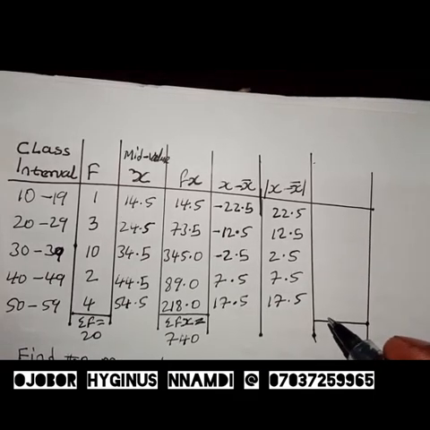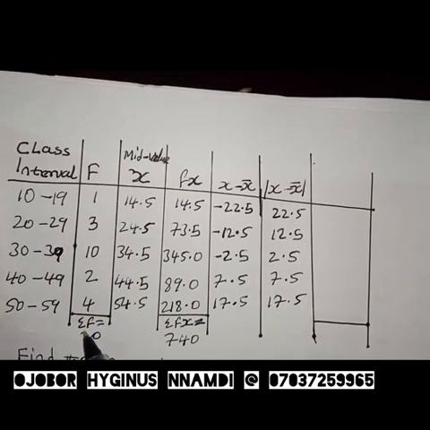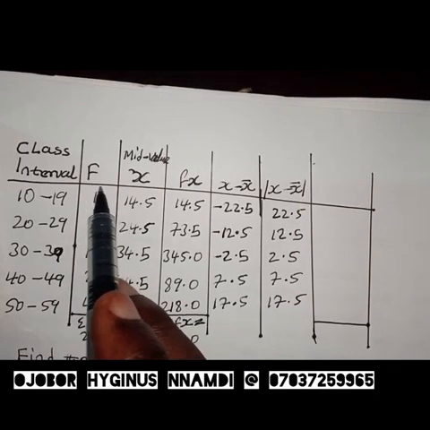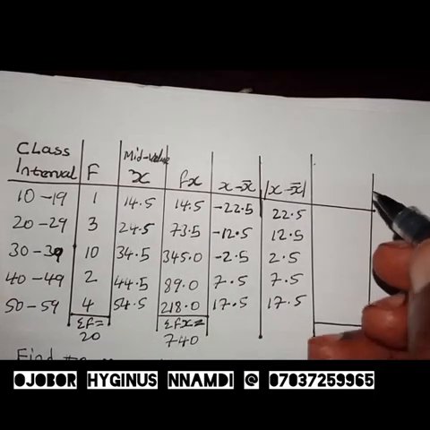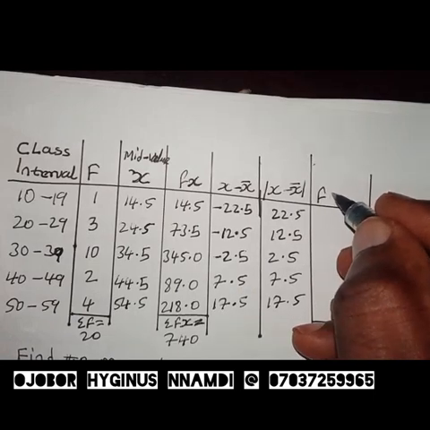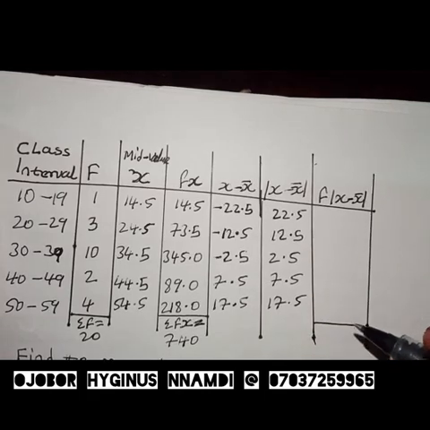Then we can multiply it with the frequency, because that is what the formula contains. The sum of the f times x minus x bar absolute. So we are going to have f and x minus x bar absolute.